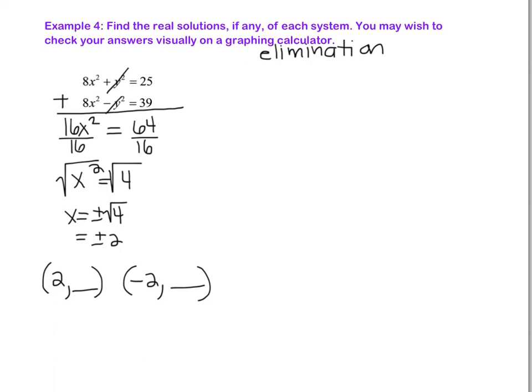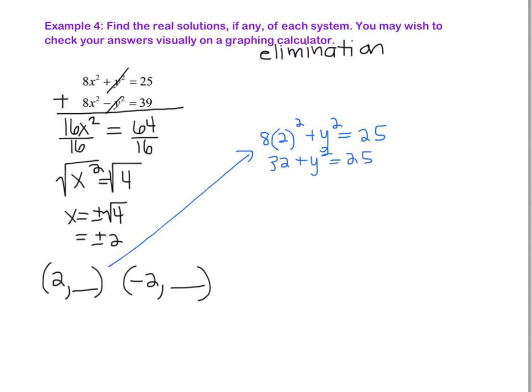I need a little bit more room. So let's do that one up here. So if I plug in 2, let's say we'll plug it into the first equation, doesn't matter which one. We have 8 times 2 squared plus y squared equals 25. So now I'm going to simplify this. So I got 32 plus y squared equals 25.